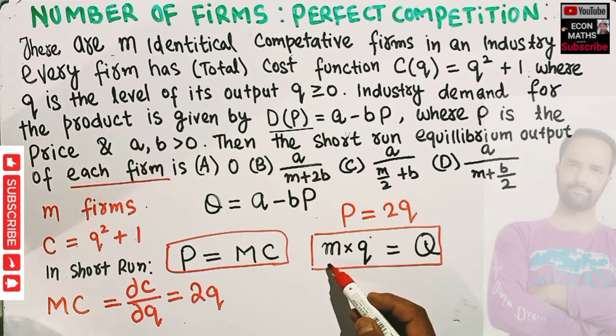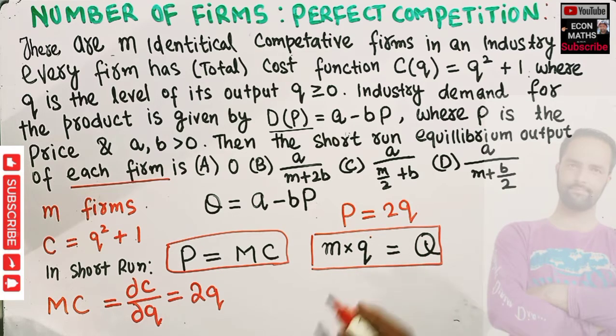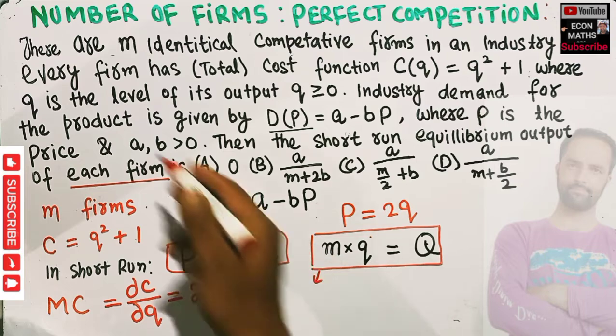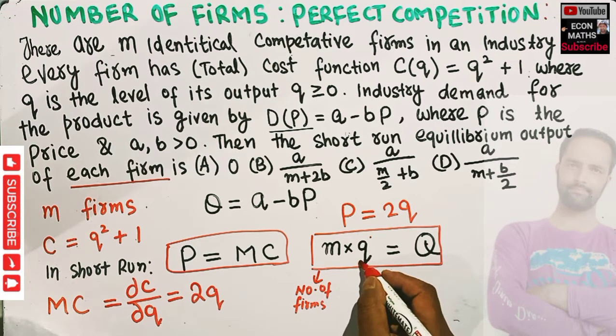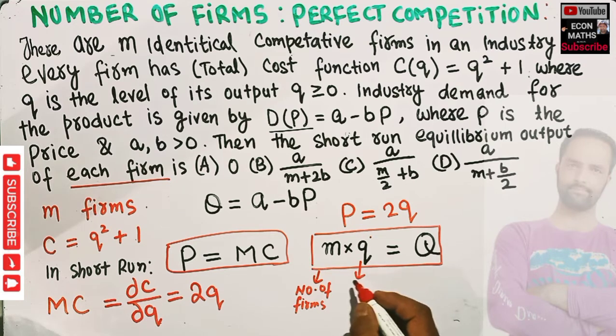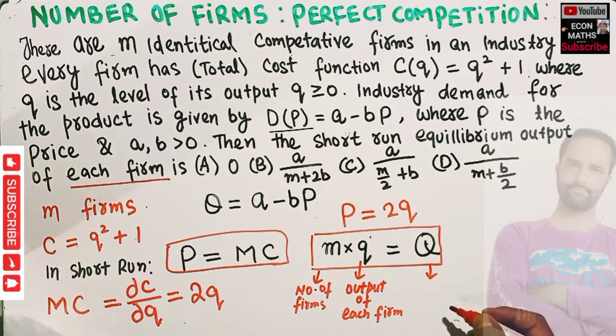So the number of firms times the output of each firm should be equal to the total output, or market, industry demand, whatever you say.